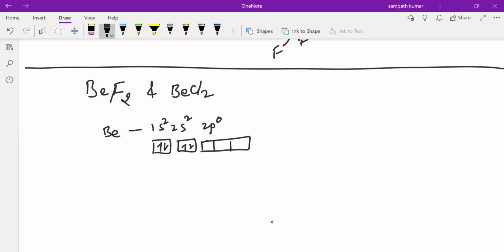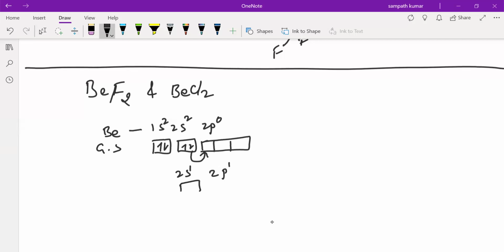Of course, with this ground state electronic configuration, formation of two bonds is not possible for beryllium. So beryllium is present in an excited state. One electron of the 2s orbital is excited to the 2px orbital, forming a 2s1 2p1 electronic configuration.